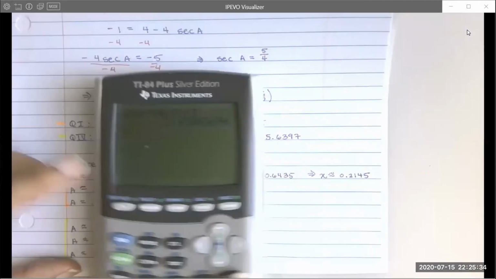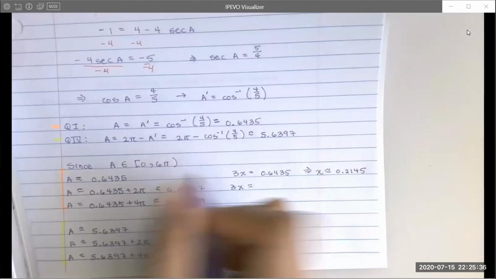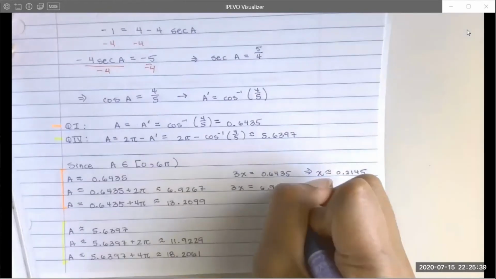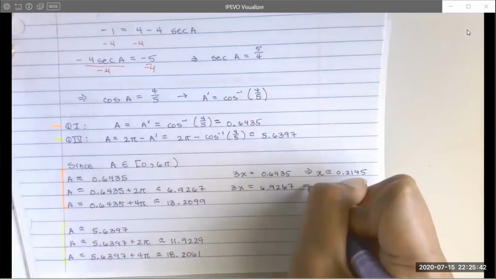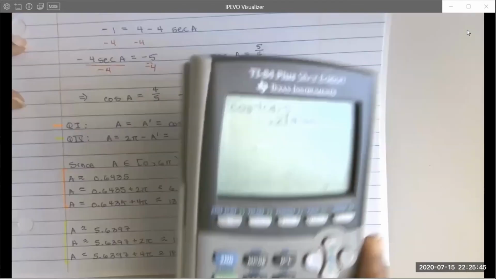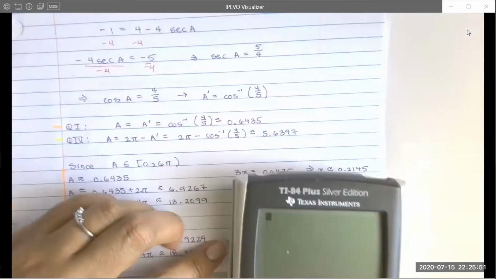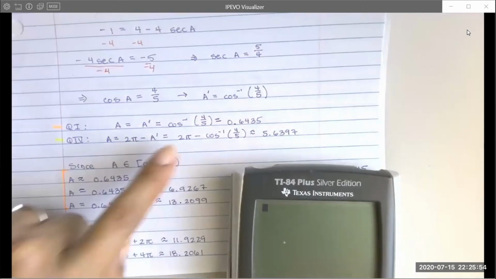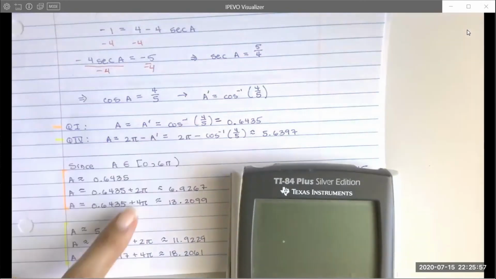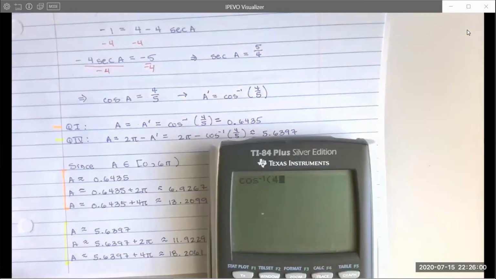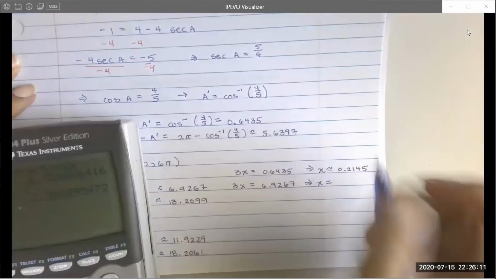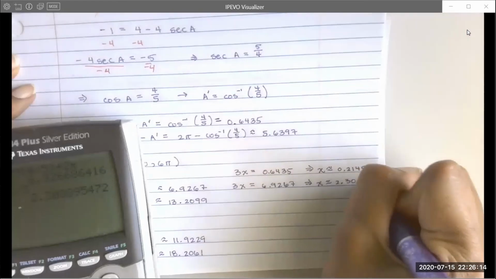For the next one, we get 3x is equal to 6.9267. Again, I'm going to bring back the more precise answer, cosine inverse of 4 over 5 plus 2 pi. Let's just go ahead and type it again. Okay, so 6.9266 divided by 3 is going to be approximately 2.3089.